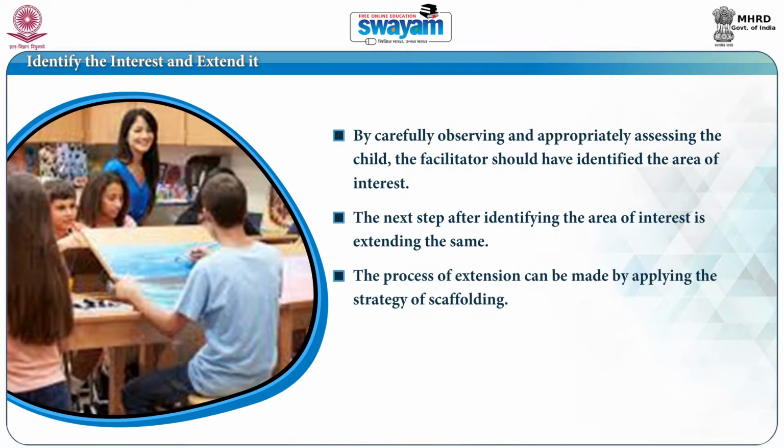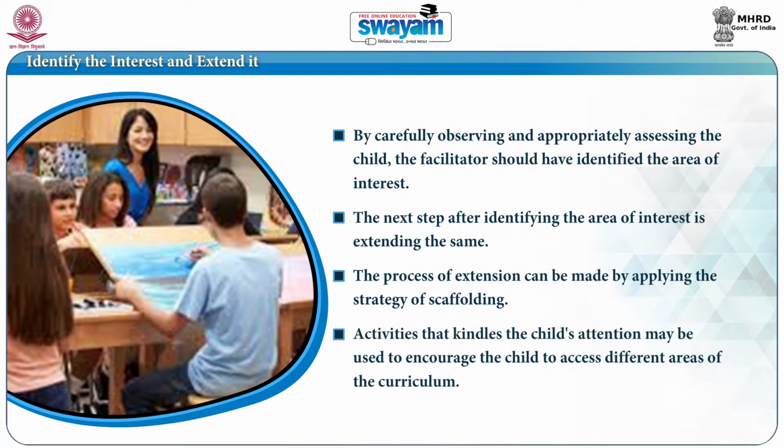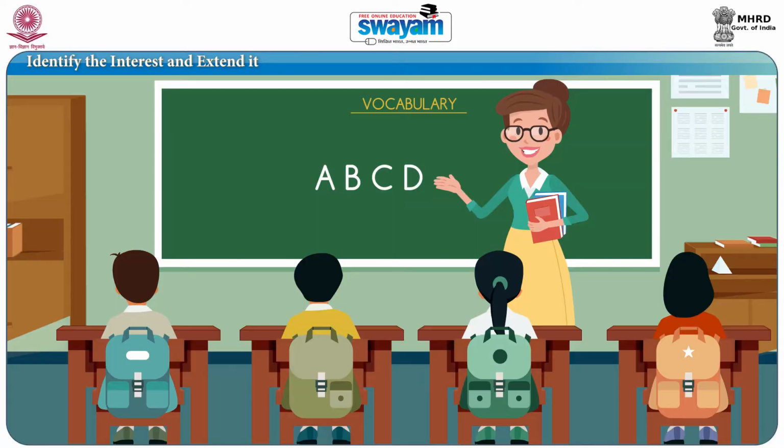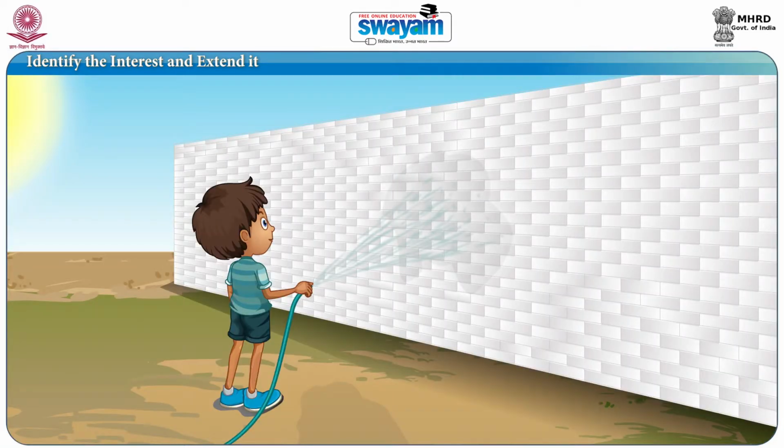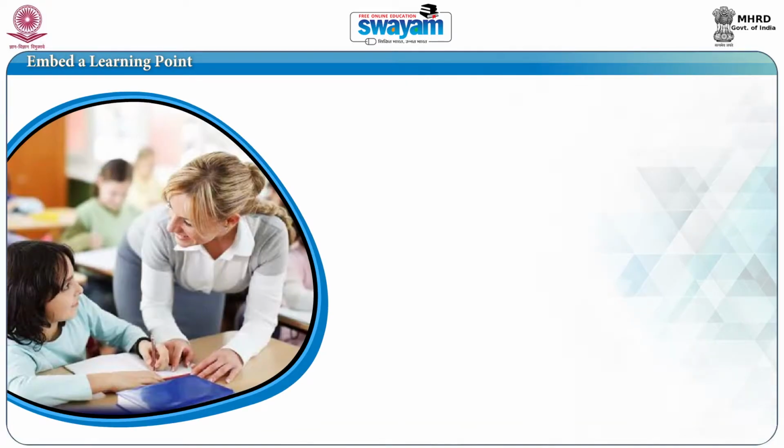The process of extension can be made by applying the strategy of scaffolding. Activities that kindle the child's attention may be used to encourage the child to access different areas of the curriculum. For example, a child interested in fire engines can be extended to play outdoors by introducing hoses to splash water.